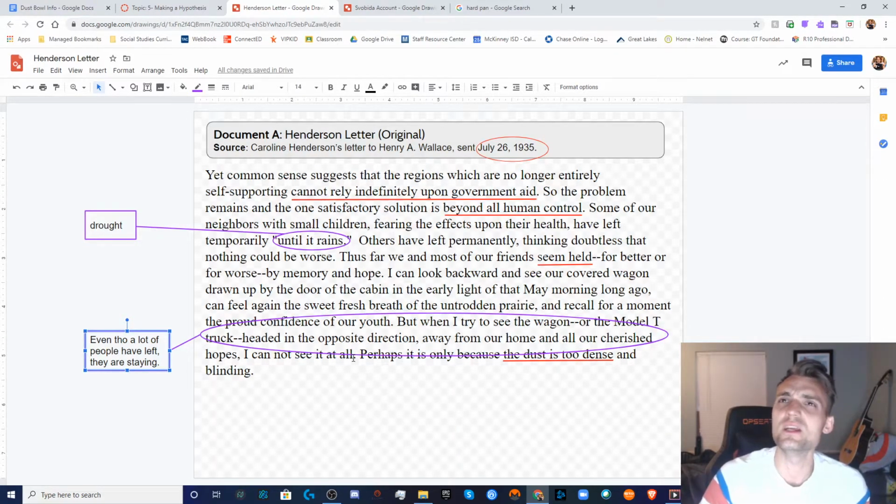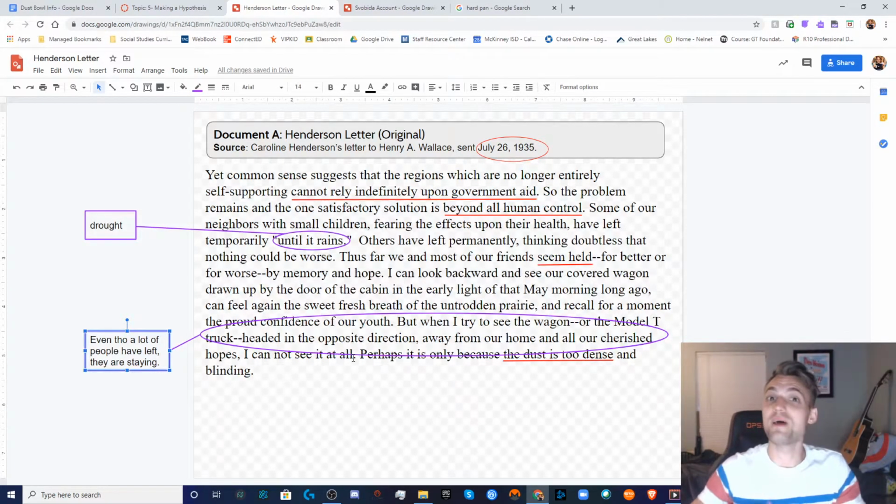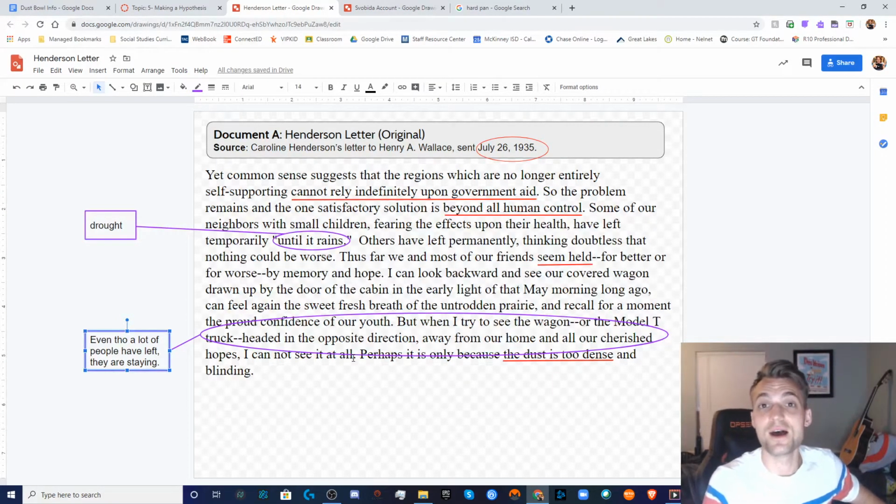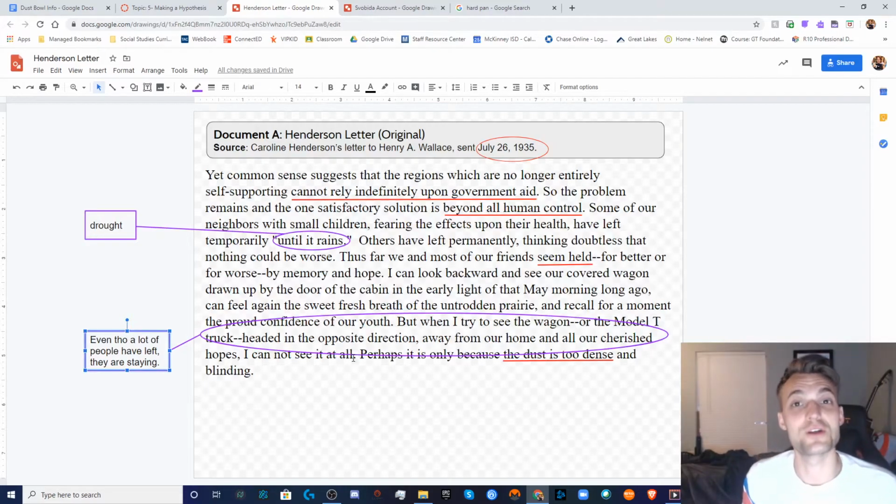What is she doing here? Why is she saying this? I think it's because she's thinking back on better times. Not a brighter future, a brighter past. I think that she's remembering the sense of excitement when they were unpacking their car, their Model T, and joining their neighbors in a new venture. Maybe they were moving west for opportunity to start their own farm and to own their own land.